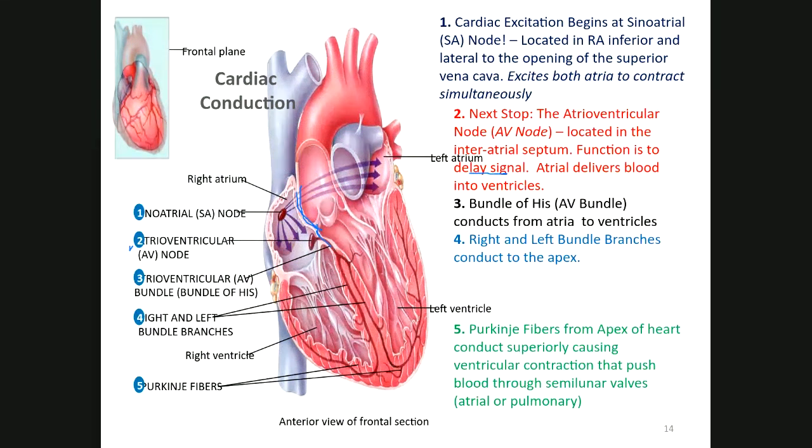So the delay in signal allows both ventricles to fill to a greater extent. Then this impulse is going to travel into the bundles of His, the AV bundles of His, along this interventricular septum.